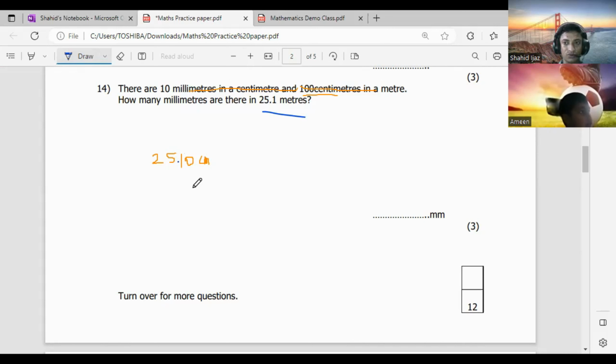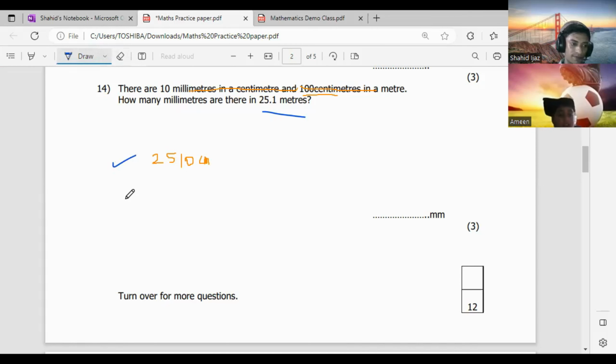No decimal, because I converted that into centimeters, not meters. You have converted it directly. Okay, I forgot to write that 25.1 times 100. Move further. Very good.